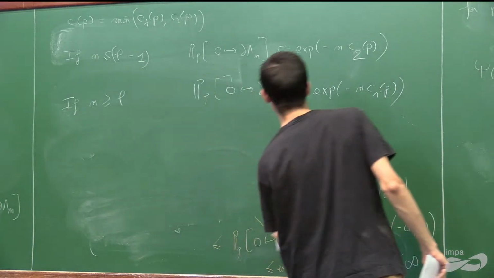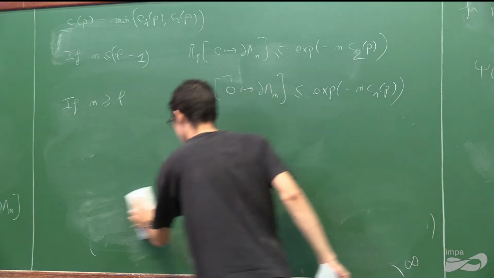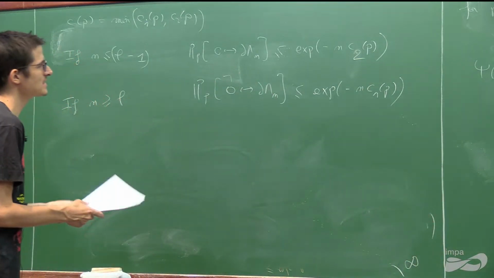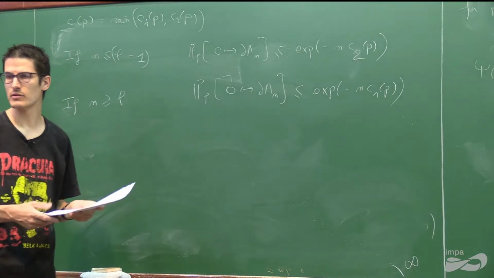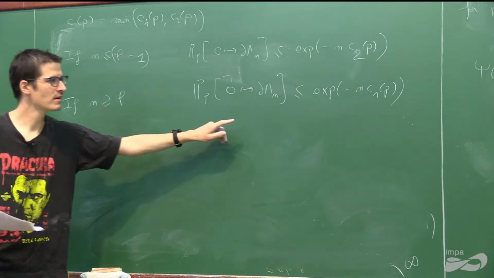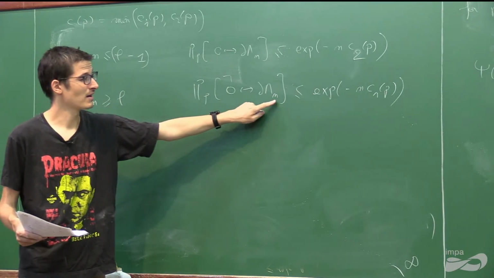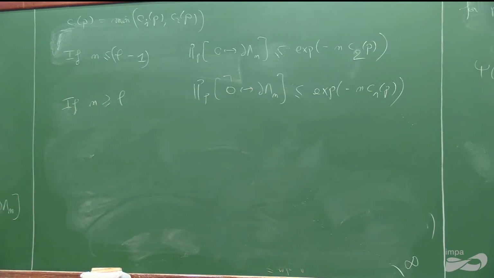Well, it comes from two things. Basically, this thing is decreasing in n. So instead of taking n here, you can take the largest multiple of L that is smaller than n.